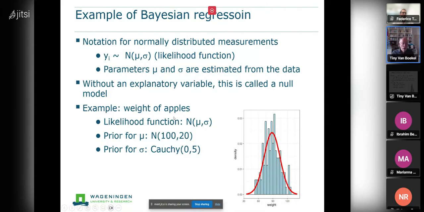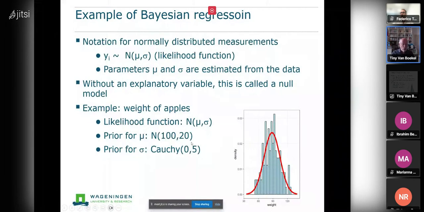So once again, a likelihood function needs to be specified, but we also need to specify priors. What could be a sensible prior for the mean? By experience, you may know that the mean weight of apples will be something around 100 grams. We are not very certain, so we give it a rather big standard deviation.